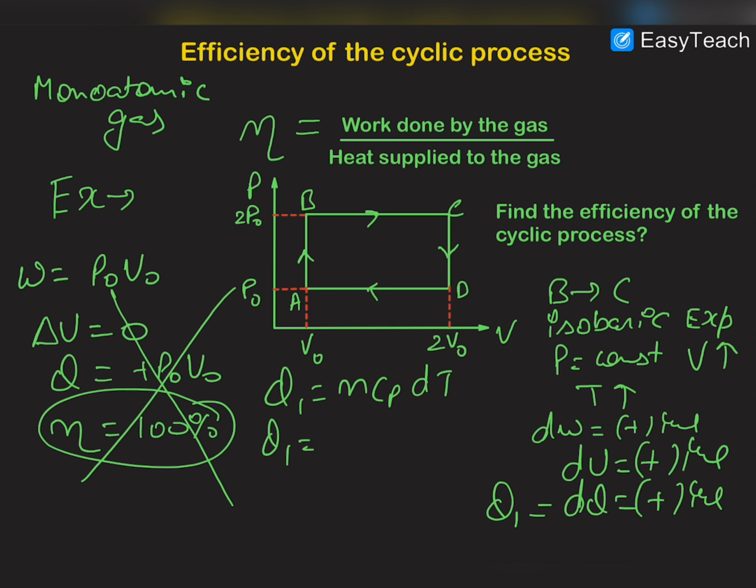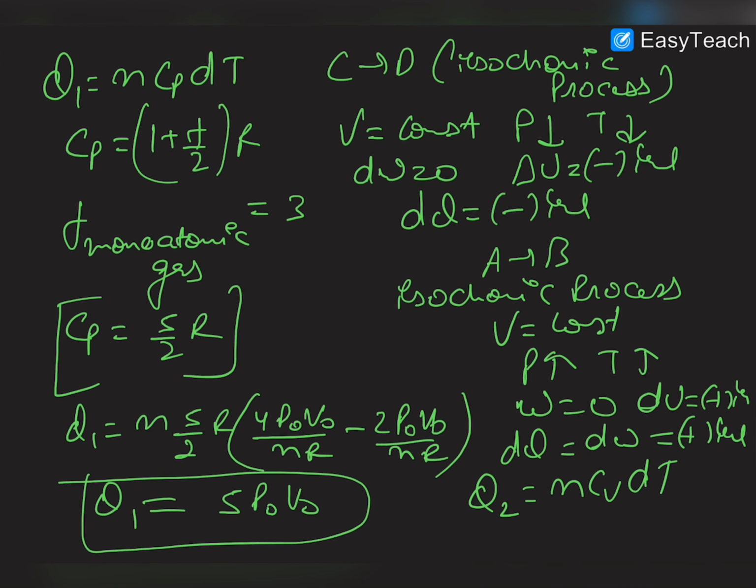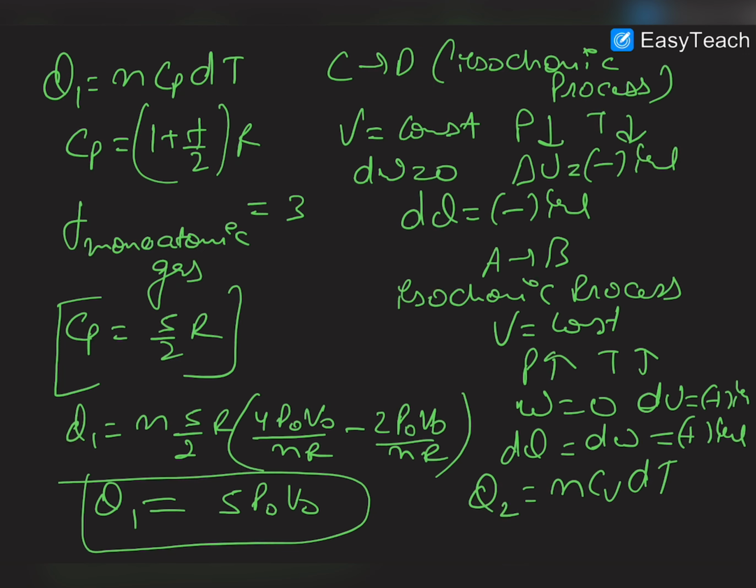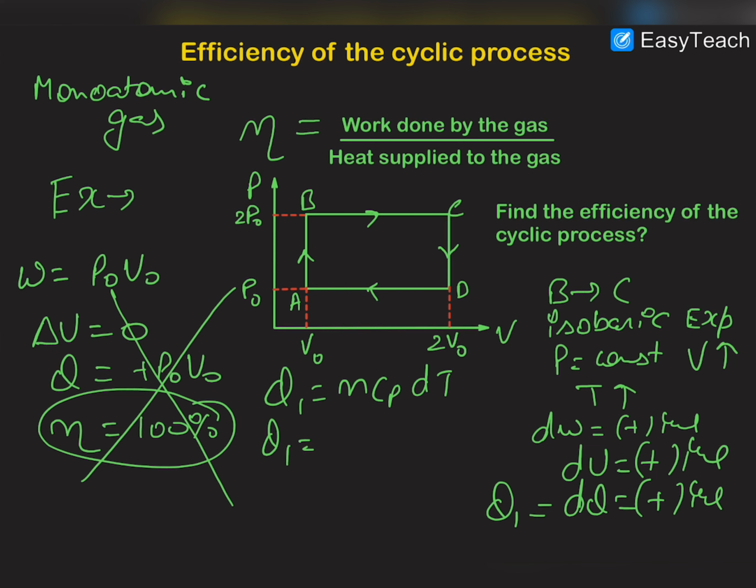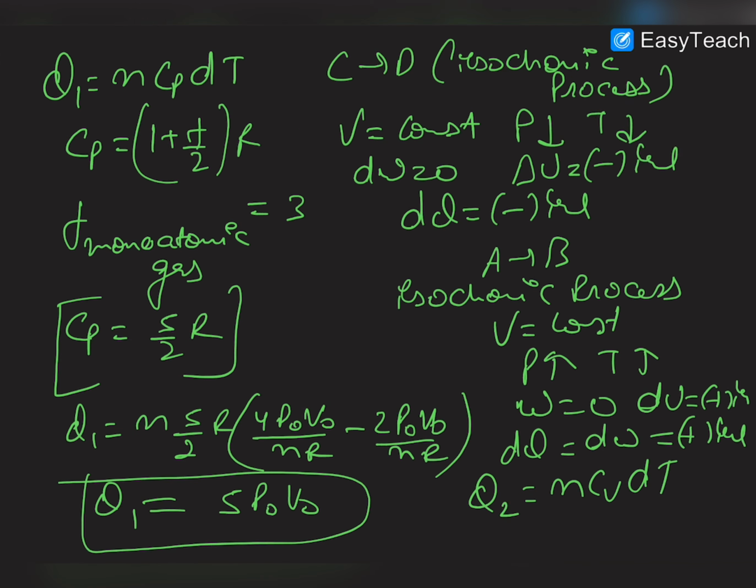And obviously temperature at A is P naught V naught by nR, and temperature at B is 2 P naught V naught by nR. So we can say that Q2 will be equal to n Cv dT, where Cv is fR by 2, and f for monatomic gas is 3, and dT will be 2 P naught V naught upon nR minus P naught V naught upon nR.